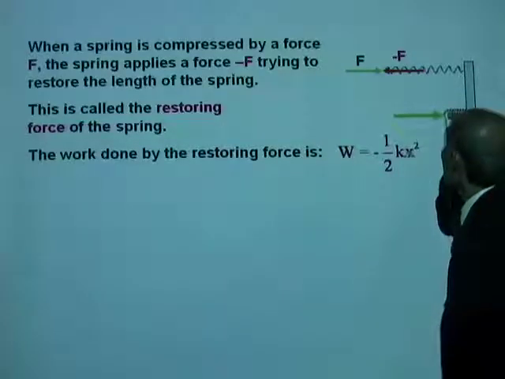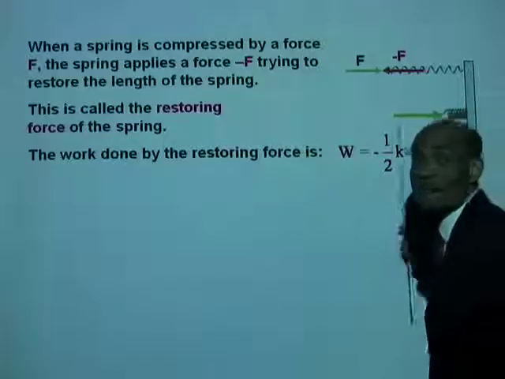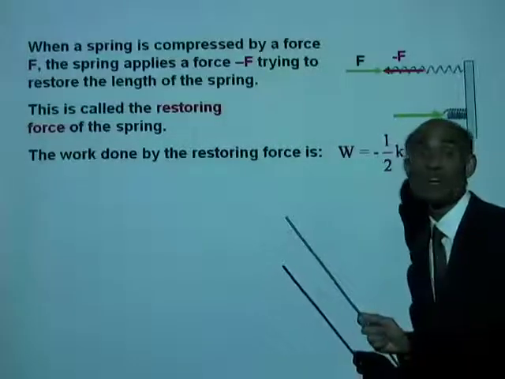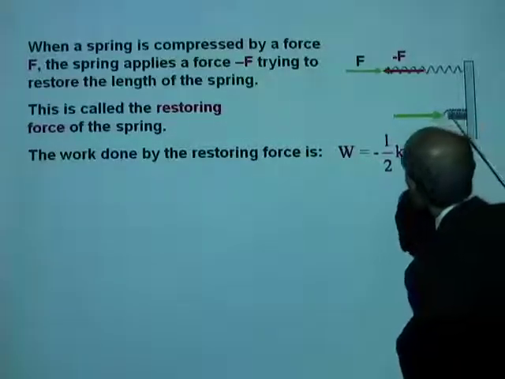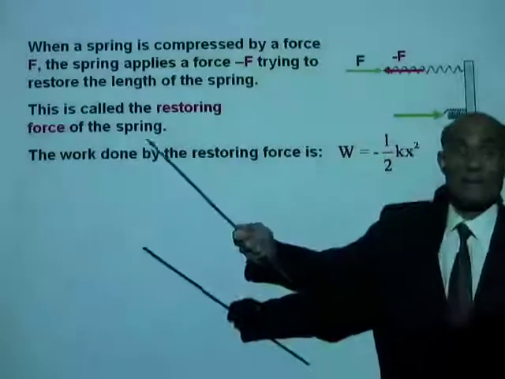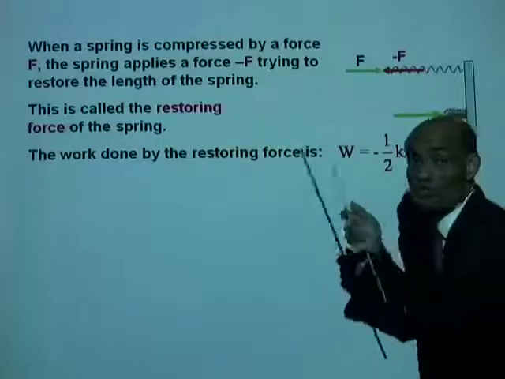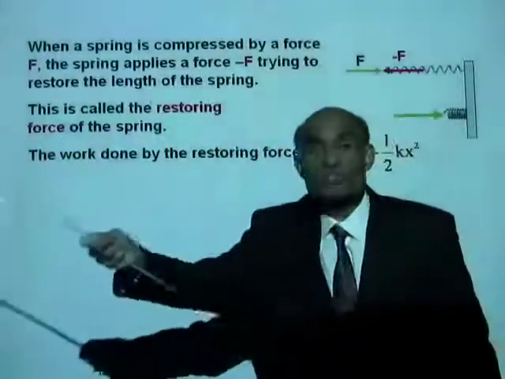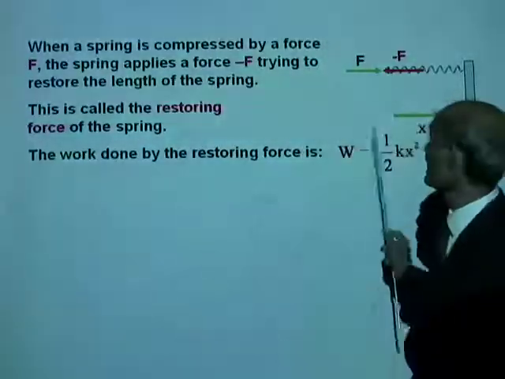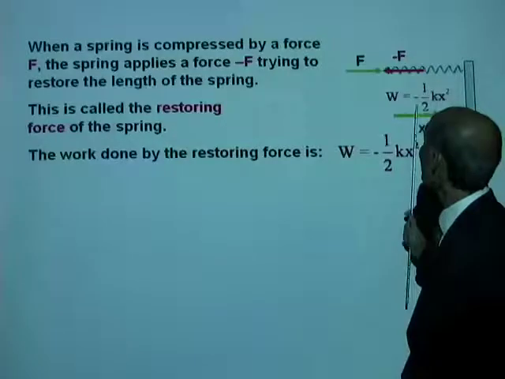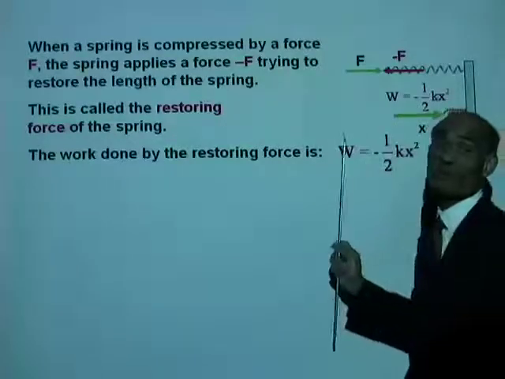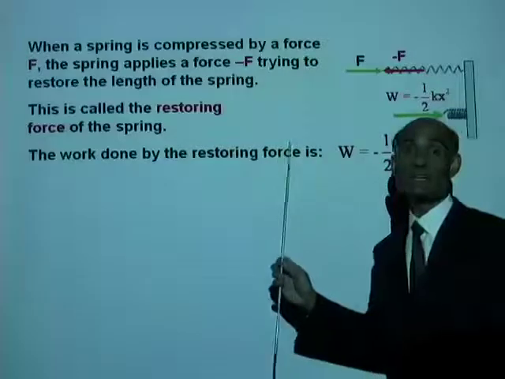Now, once the spring is compressed, if you remove the external force, what will happen? The spring will jump back, or the restoring force will now restore the spring to its original position. What will be the amount of work done at that time?